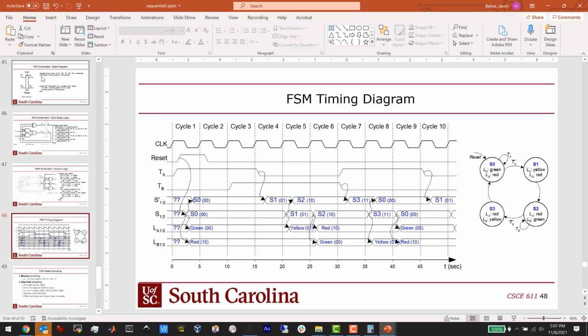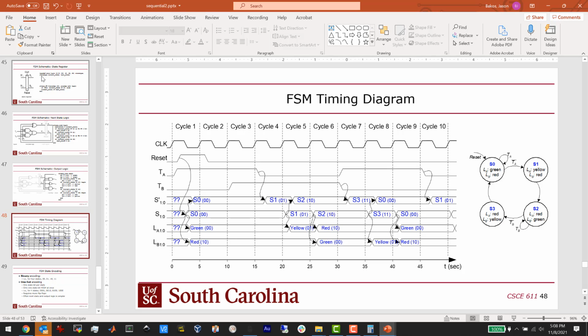And that happens right here, that drops, right? Now we're not going to switch states right away because I can't switch states until the clock edge. So I'm going to look for the first clock edge that happens when the academic traffic indicator goes to 0, at which point I'm going to go to state S1, which is our yellow light.